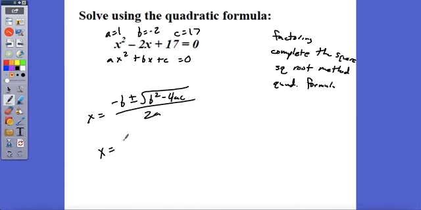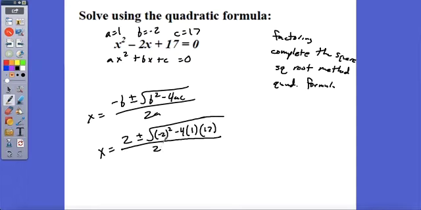So I've got positive 2, because negative of negative 2 is positive 2. So 2 plus or minus the square root of b squared, that's negative 2 squared, minus 4 times a times c, all over 2 times a.